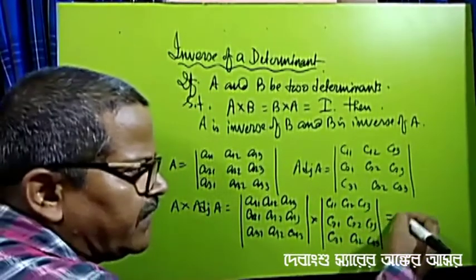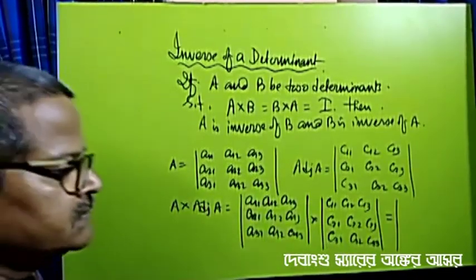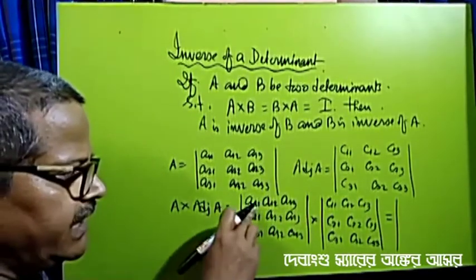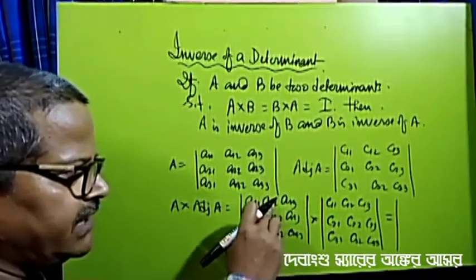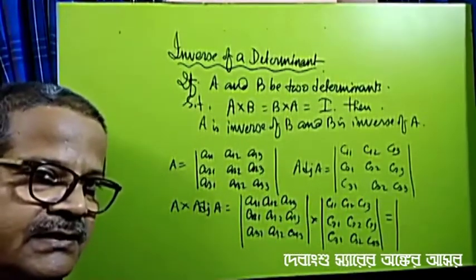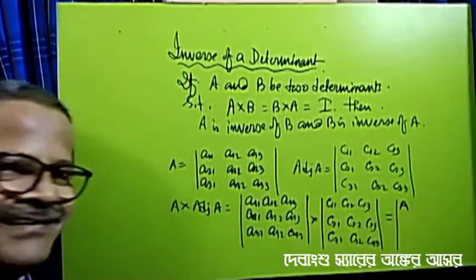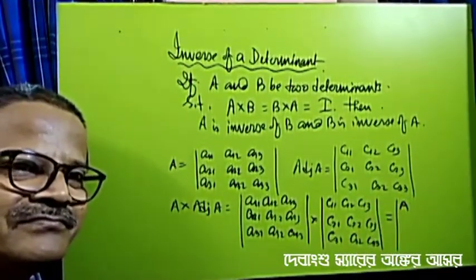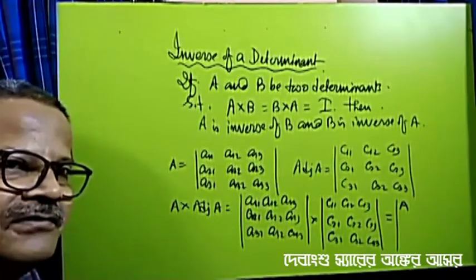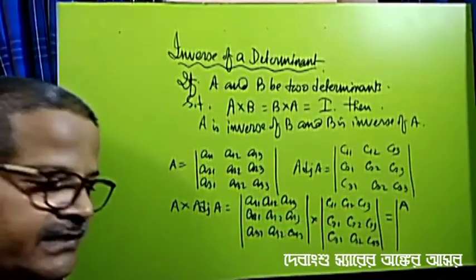Now see, on multiplying row by row, first row into first row, what we say A11 C11 plus A12 C12 plus A13 C13. This is nothing but the value of A. Look, the first row elements are multiplied by first row cofactors.